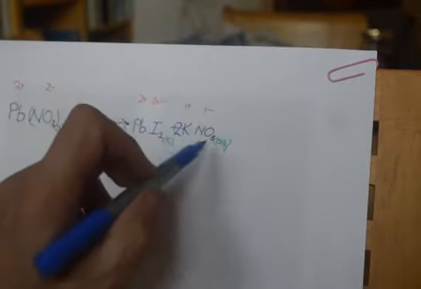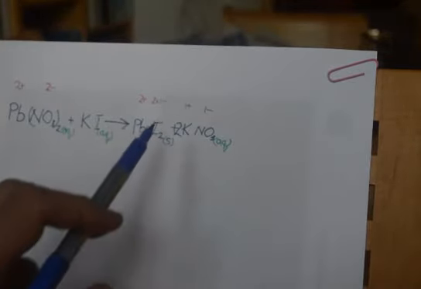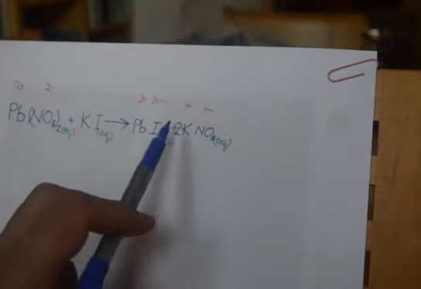We can't just do 2 nitrates here like we have here, because that would unbalance the ionic compound. So we find that we've got 2 potassiums here, but only 1 potassium on that side. So again, we have to do the same thing. We're going to have to put a 2 in front of the potassium iodide.